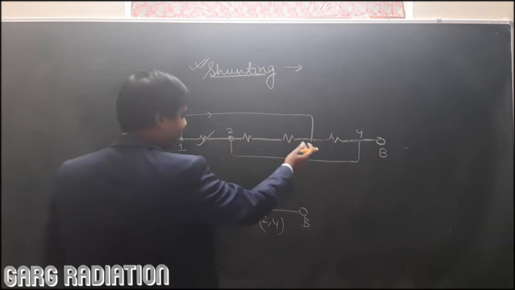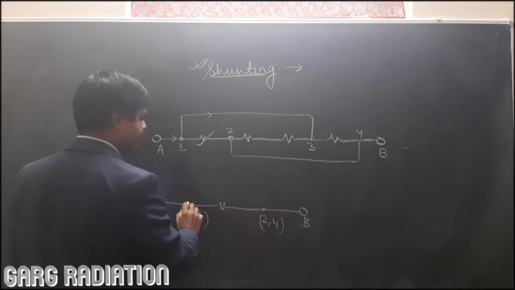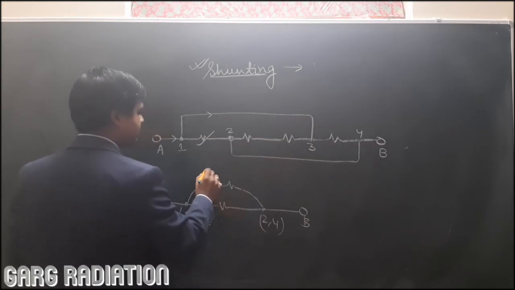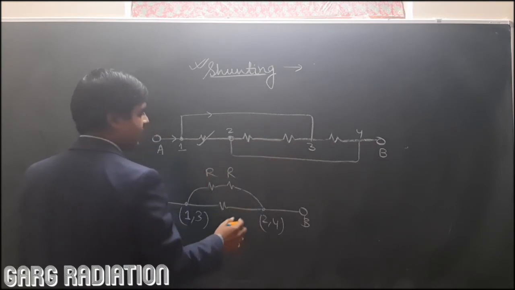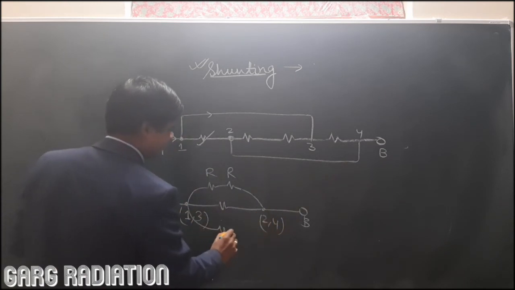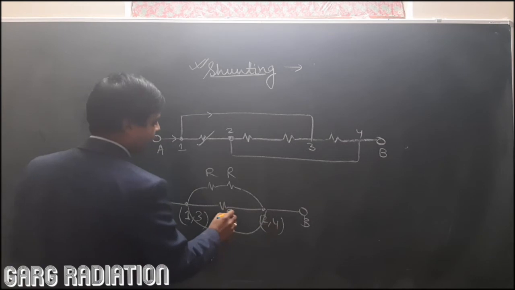Now between 2 and 3, we have a resistance, and these 2 and 3 points are not equal. Between 2 and 3 we have two resistances, so this is R and this is R, and between 3 and 4 again we have one single resistance. So this is what we have, and we have to find the R equivalent.